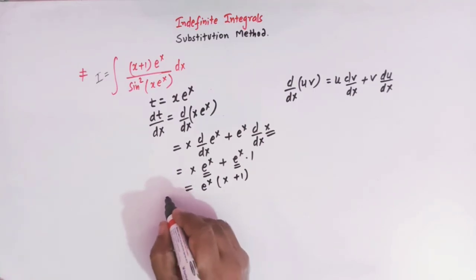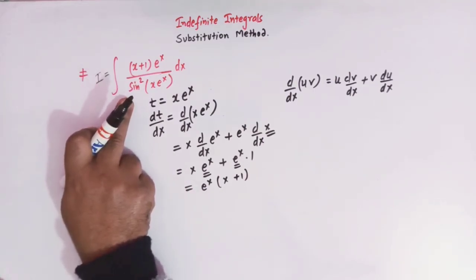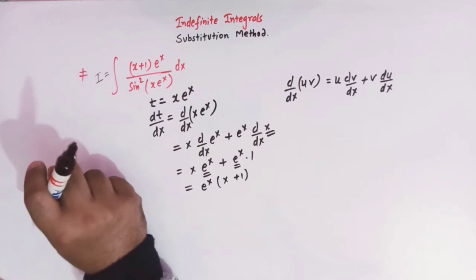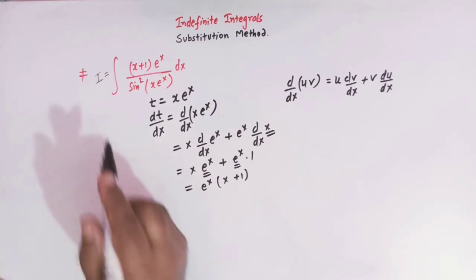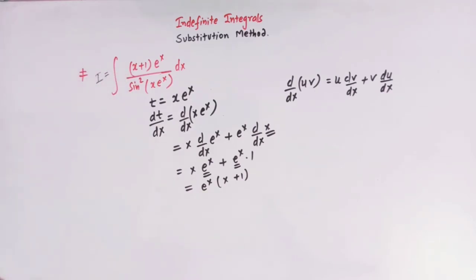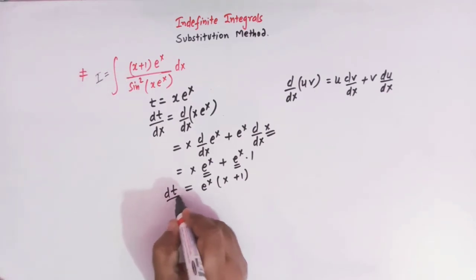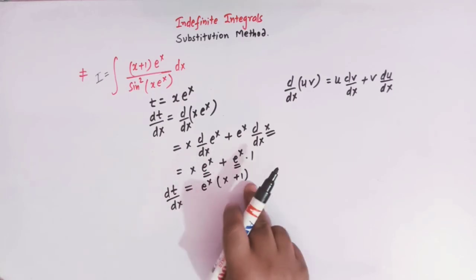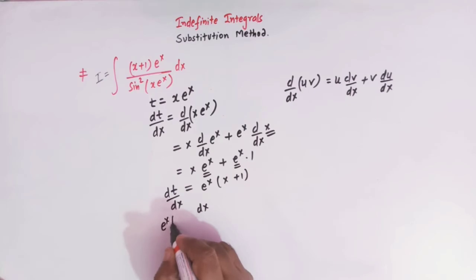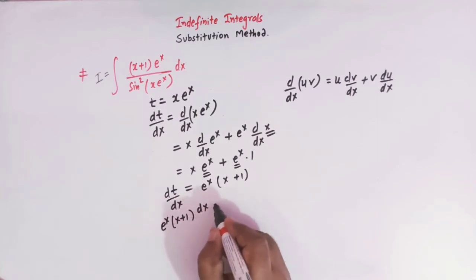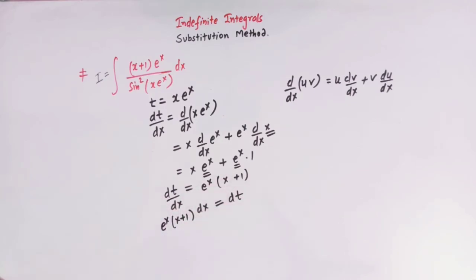So whenever we come across such problems, we should always try to take that substitution in which the derivative, or some terms in the derivative, occur in the numerator, right? So now we have dt over dx as this term, so (x plus 1) e raised to x dx is equal to dt, right?